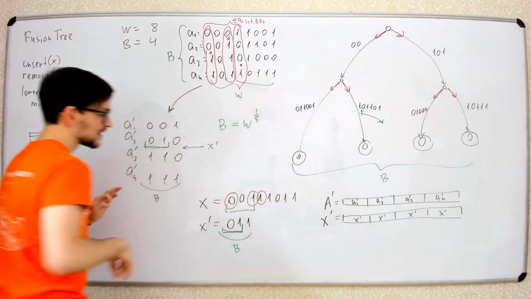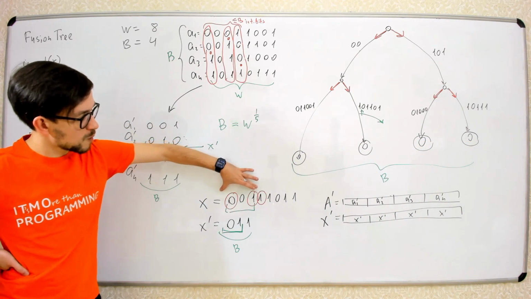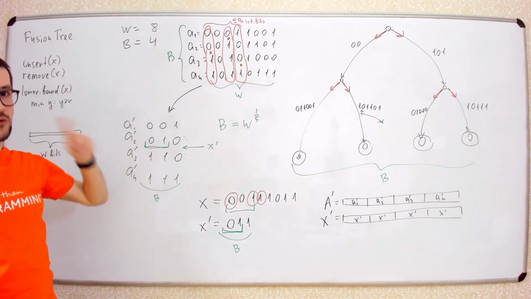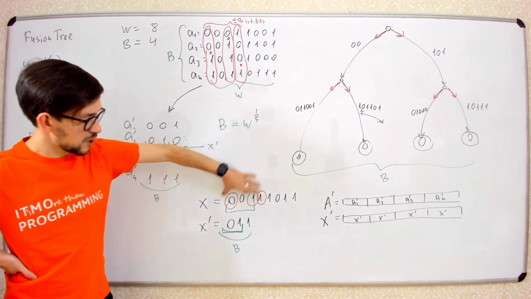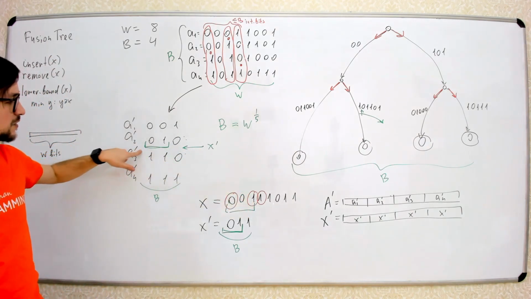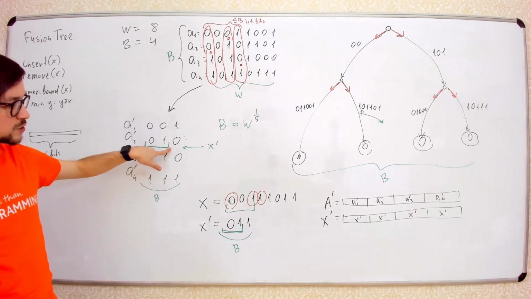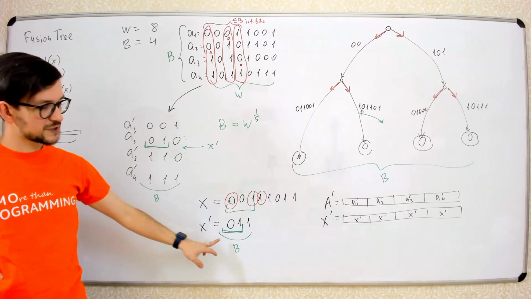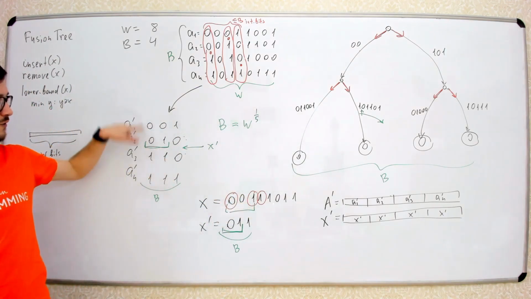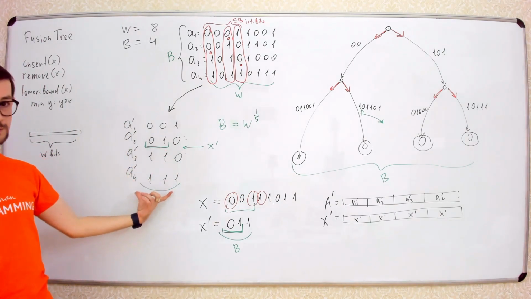Once again. I have this number x. I want to find the maximal common prefix of my x and one of the integers in this set. Before I do this, I calculate the sketch of x, this small integer, and then find the sketch which has the maximal common prefix. So instead of working with these big integers, I work with these small integers. For this small integer, I need to find the maximal prefix which is common to one of these small integers. I can do it in constant time because the size is small.